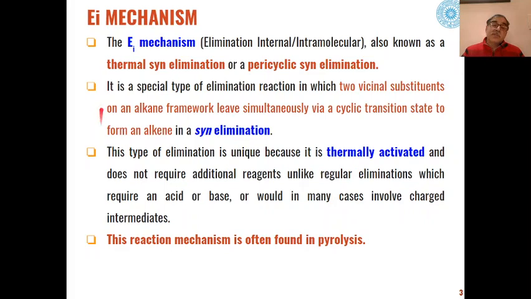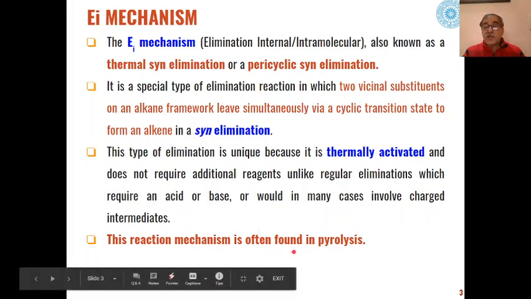This generally takes place by activation through thermal means. So at high temperature, these substrates through syn elimination are converted into alkenes, and this mechanism is often found in pyrolysis reactions.